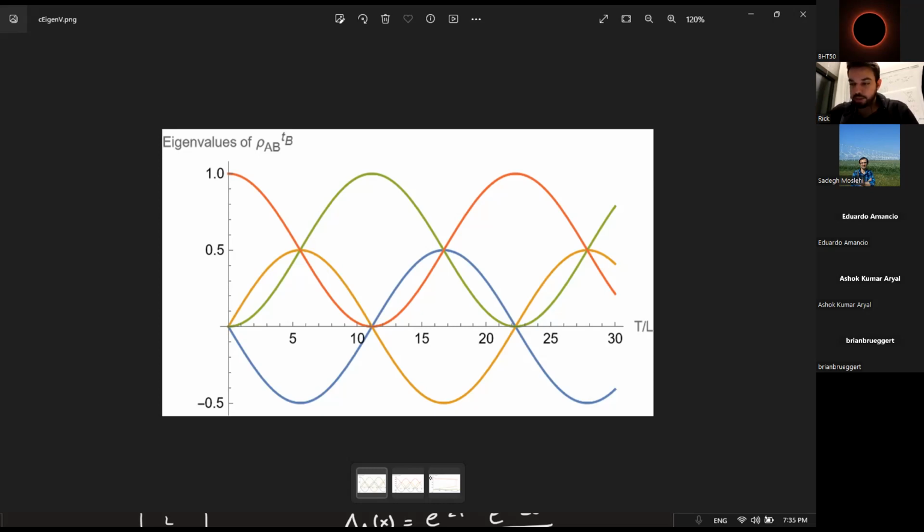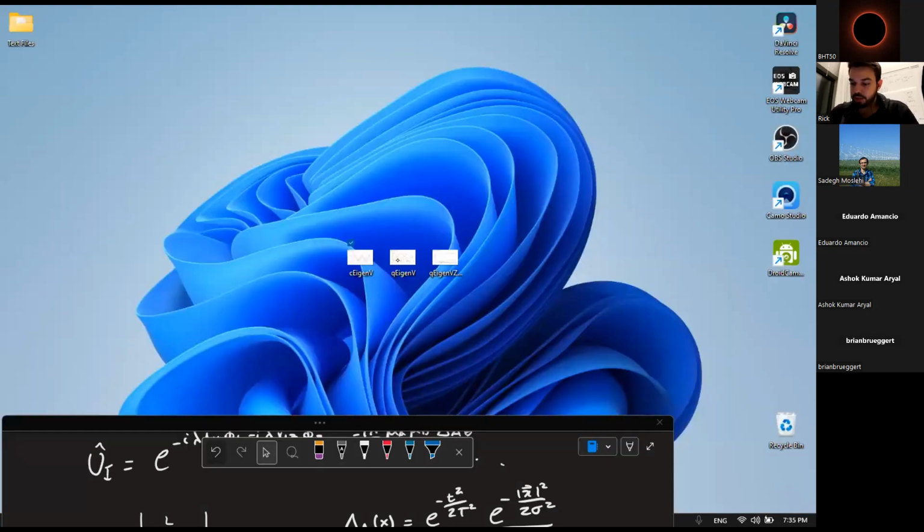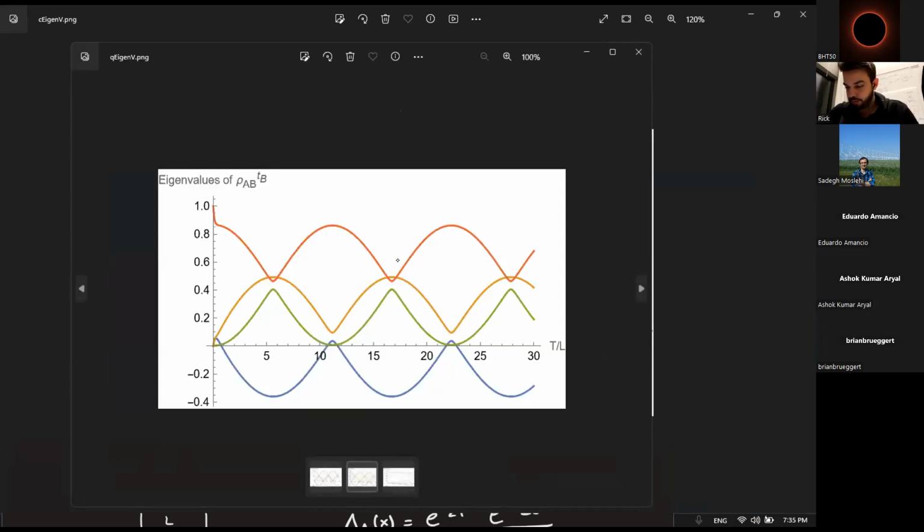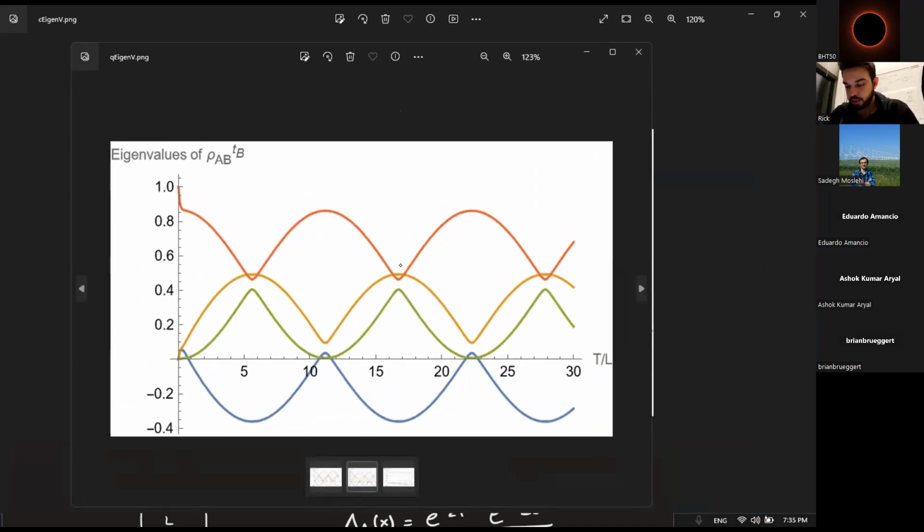Now, what happens if you apply the unitary with the quantum field in the vacuum state in Minkowski spacetime? This is what you see. It's very similar, in the sense that you still have the back and forth. You almost always get an entangled state, at least after a certain time.